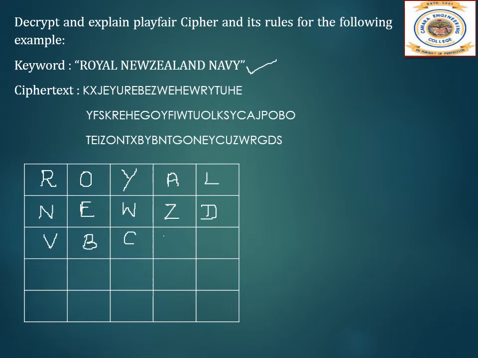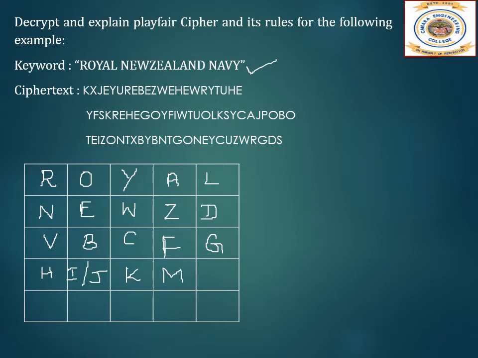Next is F. Then G. Then H. I and J are always written together. Then it is K. Then we have H, I, J, K. L already it is done. Then M. N is also done.